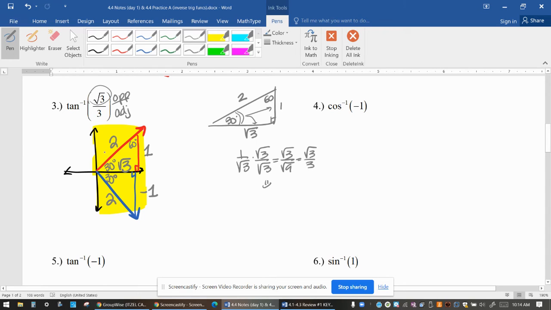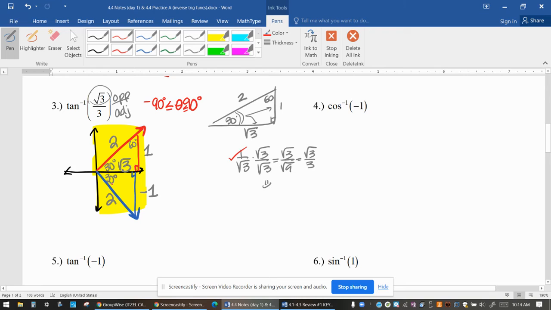Now remember, your angle has to be between negative 90 and positive 90. So if I use positive 30 and I do opposite over adjacent, that's going to give me positive root 3 over 3, right? We just proved it over here. If we use positive 30 degrees, I'd get 1 over root 3, which, after rationalization, is root 3 over 3.